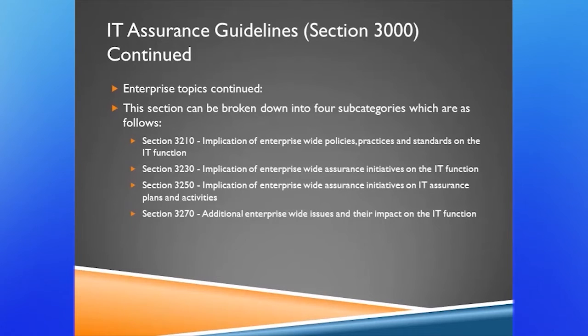Now, when we look at the enterprise topics, we can actually break it down into even further subcategories. I'm just going to tell you the subcategories, what they are, so you kind of get an idea of what it's trying to focus on as a guideline.